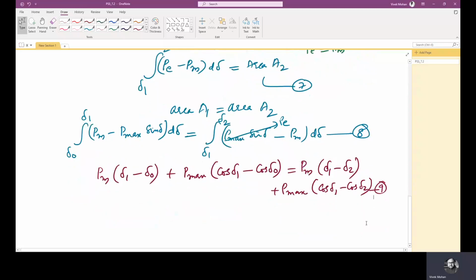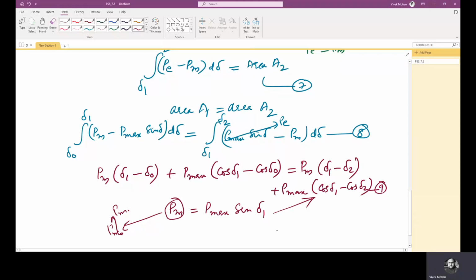Now we know that PM means the new PM. It was earlier PM naught, now it is increased to PM. Now it is equal to P max sine del 1. So this can be substituted in equation 9.